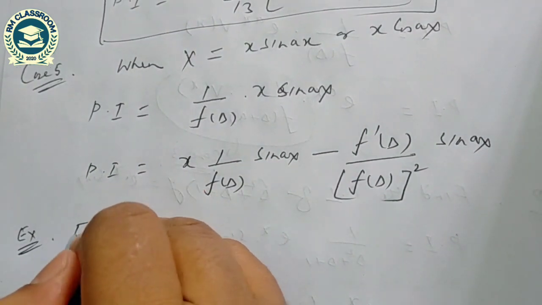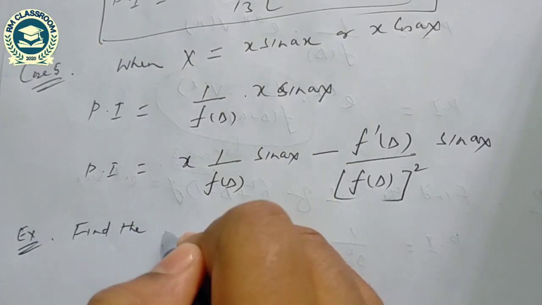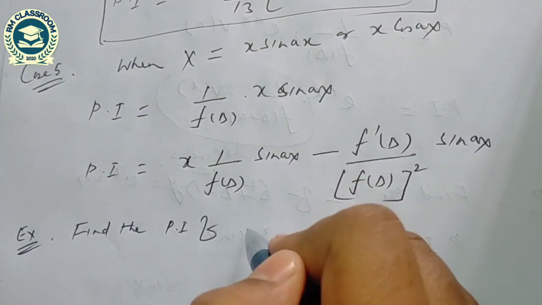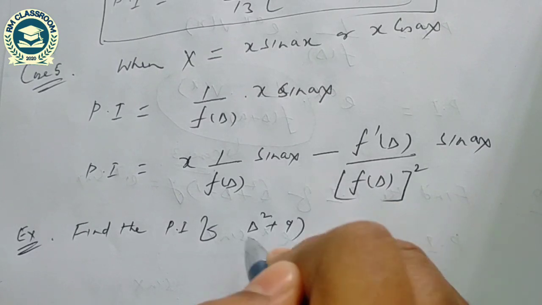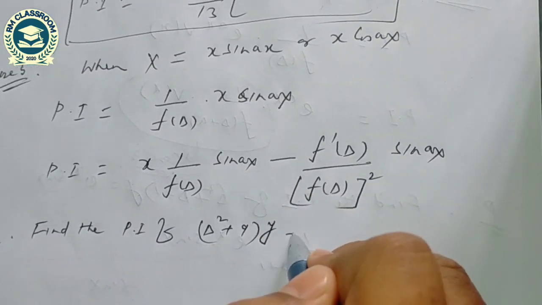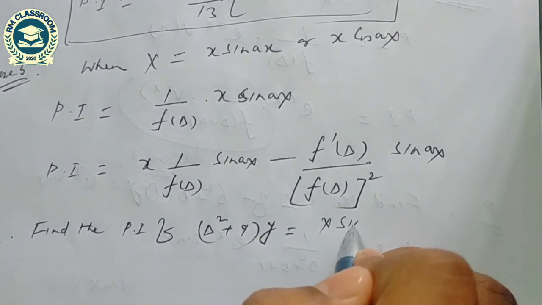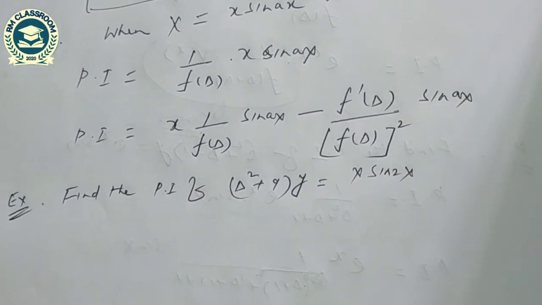So find the particular integral of D square plus 9 into y is equal to x sin 2x.